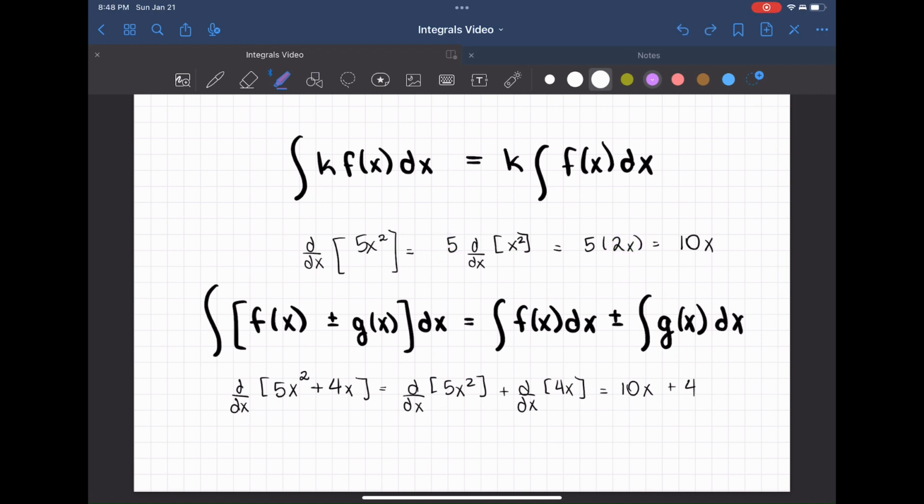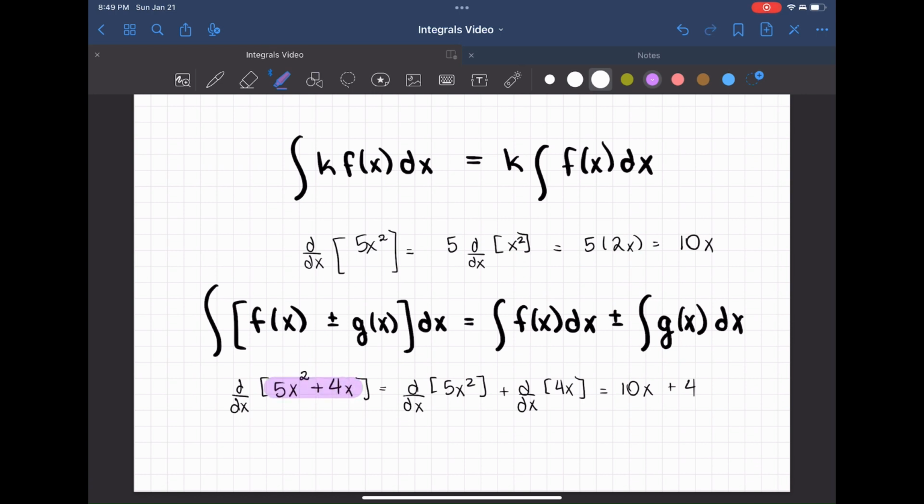Okay, what if it's a plus or minus situation? What if we're adding and subtracting? Well, in this case, we're adding f of x to g of x. We can treat the two independently, so we integrate f of x, and then we integrate g of x. Again, we see this in derivatives.